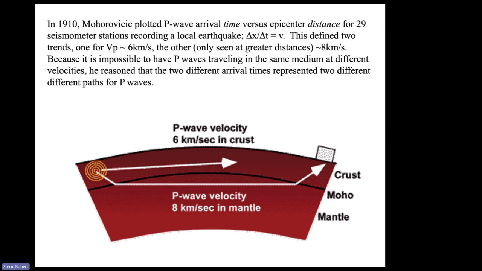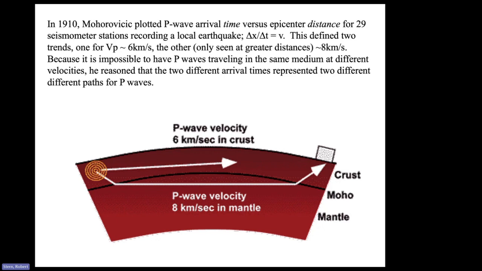The idea is that distance versus time gives the velocity. This defined two trends, one corresponding to a P wave velocity of 6 kilometers per second, the other, only seen at greater distances, closer to 8 kilometers per second.